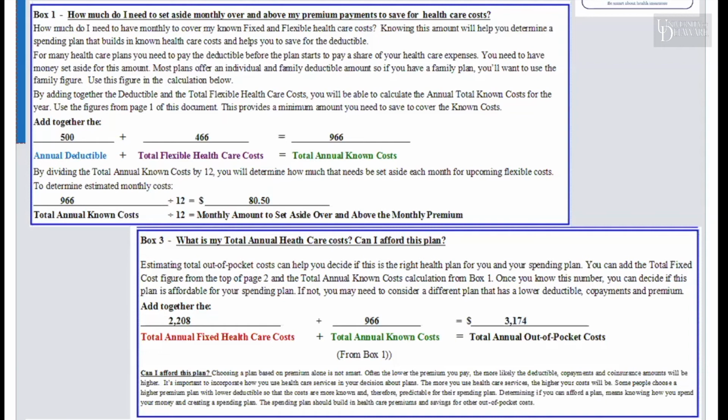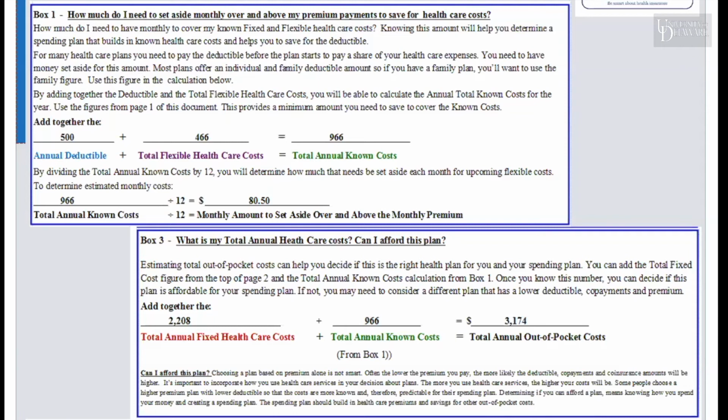Well, obviously that depends a little bit on the rest of his financial situation. And in choosing a plan, what we know from the research is many people choose a plan because of the premium. And when there are other out-of-pocket costs, they can really add up. There's often a trade-off between the premium and those other out-of-pocket costs and the deductible.